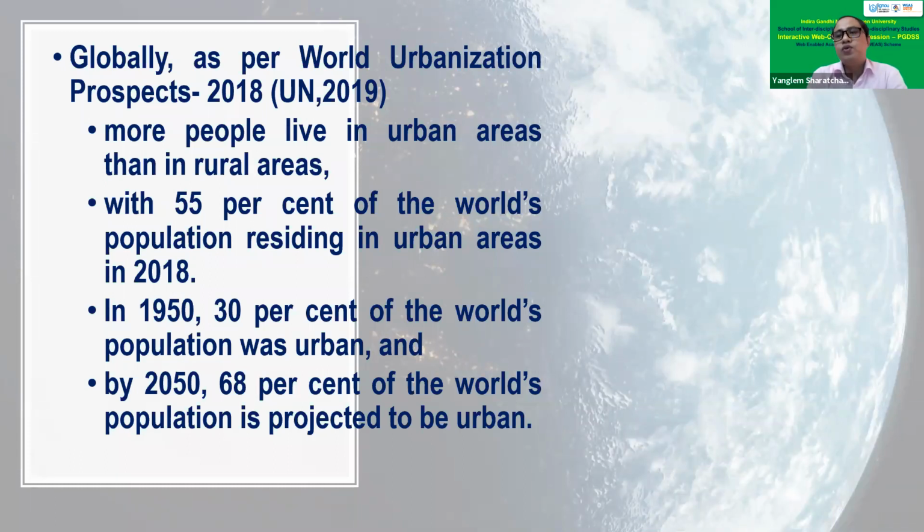So this projection shows that we need proper planning in the process of urbanization. And when we talk about urbanization, certain things we have to be aware of and understand: what is its composition, and how is it happening. We know that urbanization is one of the indicators, as I told you, to show the progress of a country.